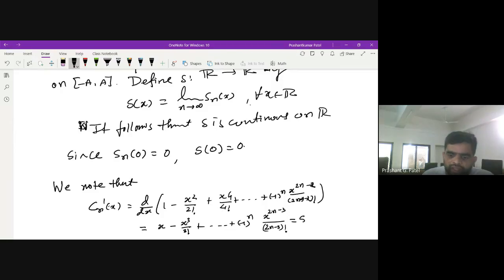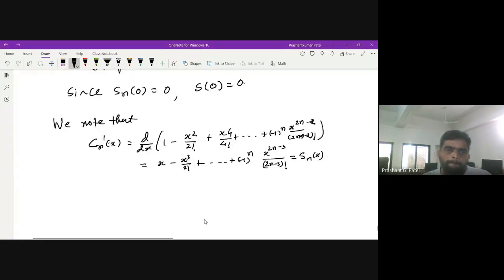It is actually the Sn of x, with a minus sign, so it is minus of Sn of x, for every n greater than 1. This is true.